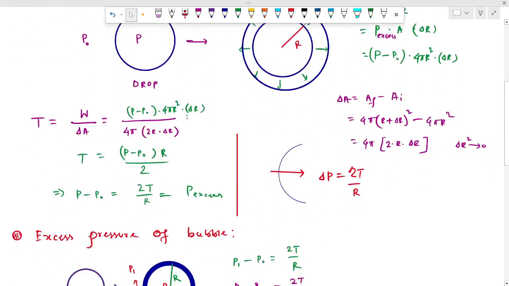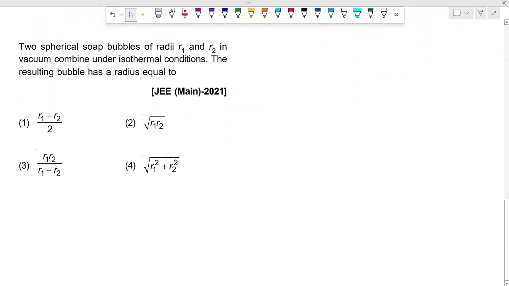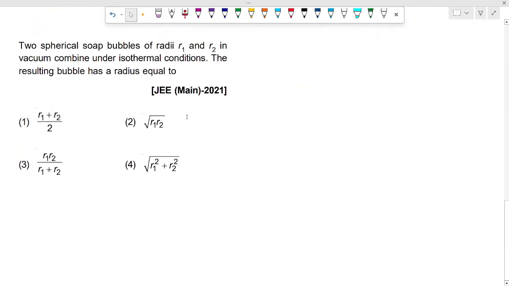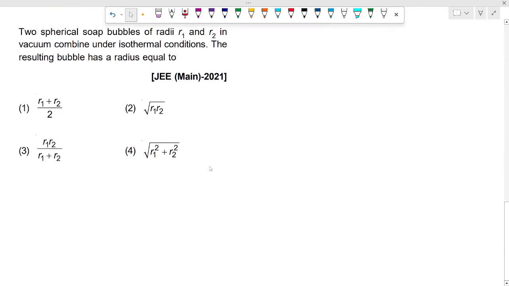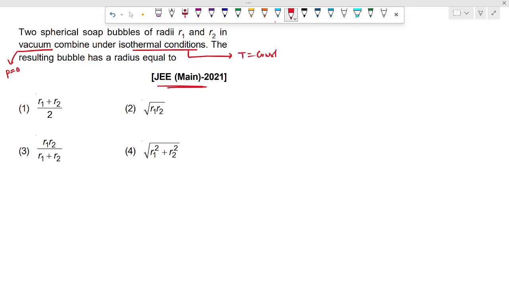Now let us solve a numerical problem, which is a previous year's JEE question. Two spherical bubbles of radii R1 and R2 in vacuum combine under isothermal condition. Vacuum means the pressure is zero there. Isothermal means the temperature remains constant.